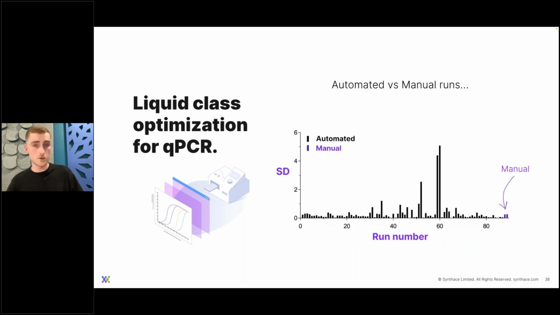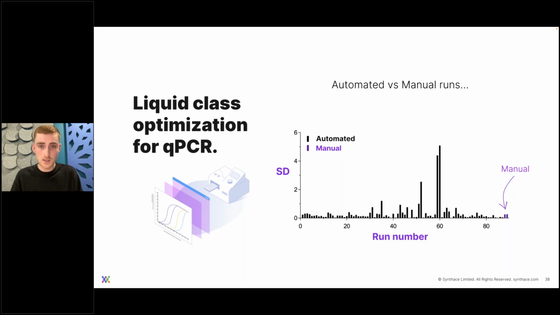After doing all of those 88 runs, including those manual benchmarks, he plotted this graph. This shows the average standard deviation of those replicates generated for each qPCR reaction, and then compared those to his manual execution. Each run, in this case, had a different liquid class, and we can just about see in purple on the right-hand side the manual executions, which did have a very low standard deviation.